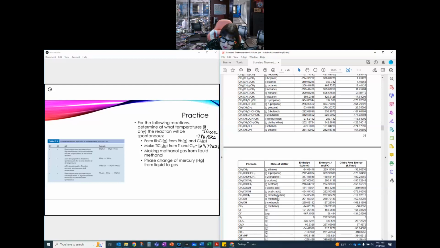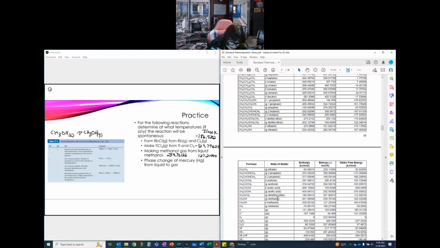That has 239.70136 joules per mole Kelvin, and liquid methanol is 127.25344. When I do that reaction, that's CH3OH liquid going to CH3OH gas.